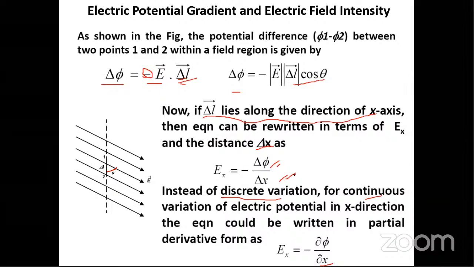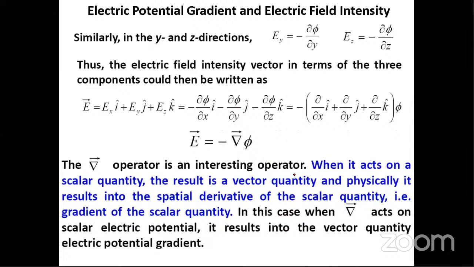Now similarly, if it is a 3-dimensional system, in the Y and Z directions it also has components, which can be represented similarly by the electric field intensity in the Y direction and the electric field intensity in the Z direction.